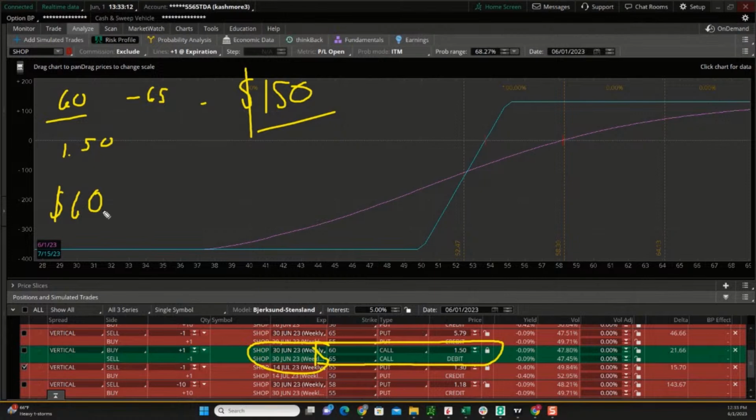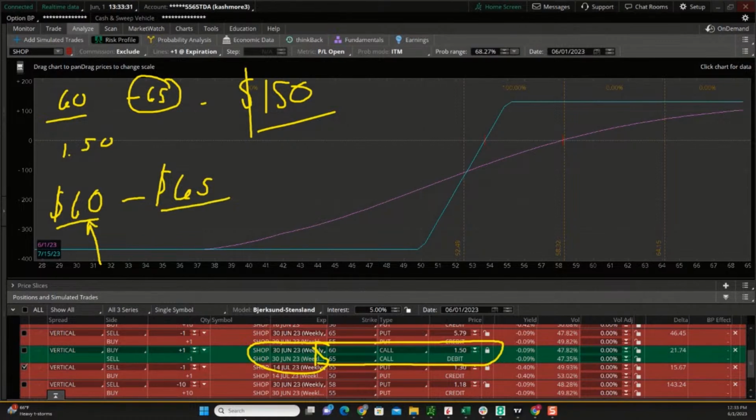You got assigned shares, but your short strike's now in the money. So what they're going to do is these shares that you were just assigned for $60, your broker is going to close them at $65. So you basically just opened shares at 60 and closed them at 65.